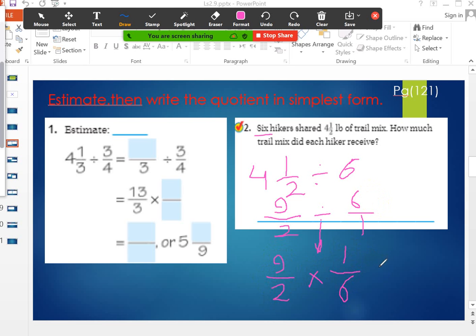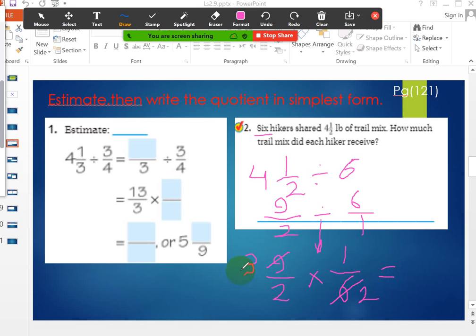Before we find the multiplication, I have to find the greatest common factor between the two numbers. So 9 and 6 have the same greatest common factor, which is 3. Very good. So both numbers are able to divide on 3. 9 divided by 3 equals 3. 6 divided by 3 equals 2. So let's find the answer.